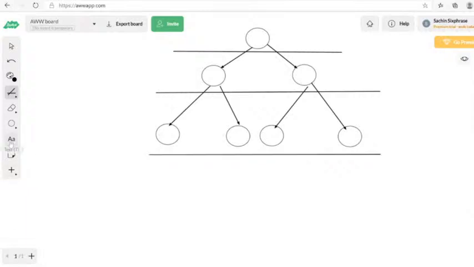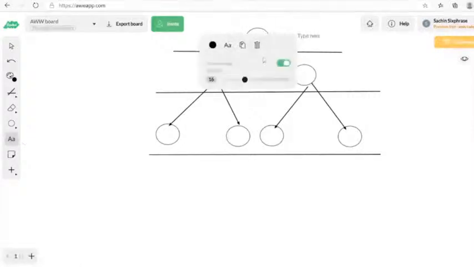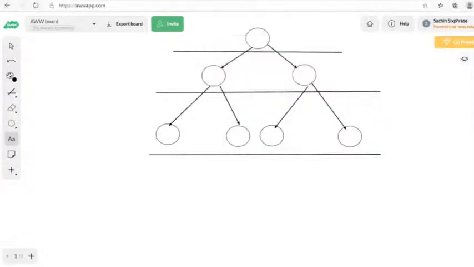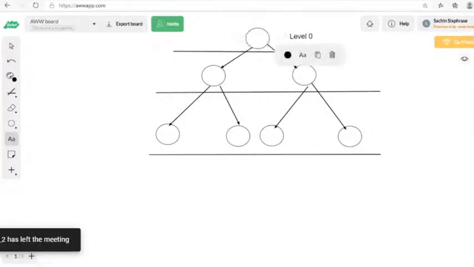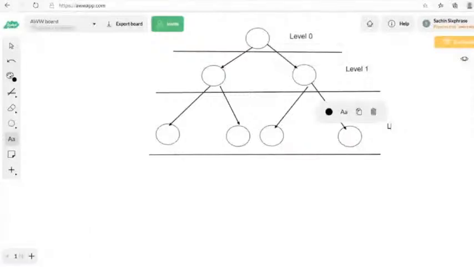So this is going to be level 0, this one is level 1, and this one is level 2. So it's level 0, level 1, and level 2.